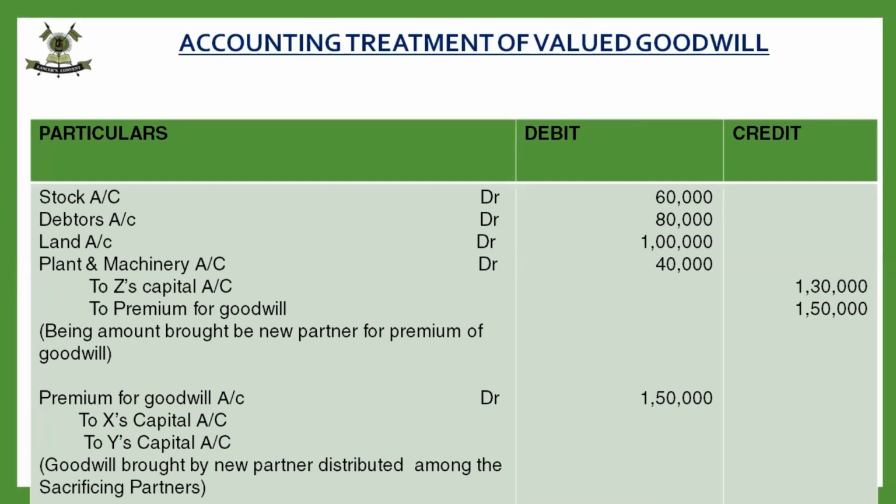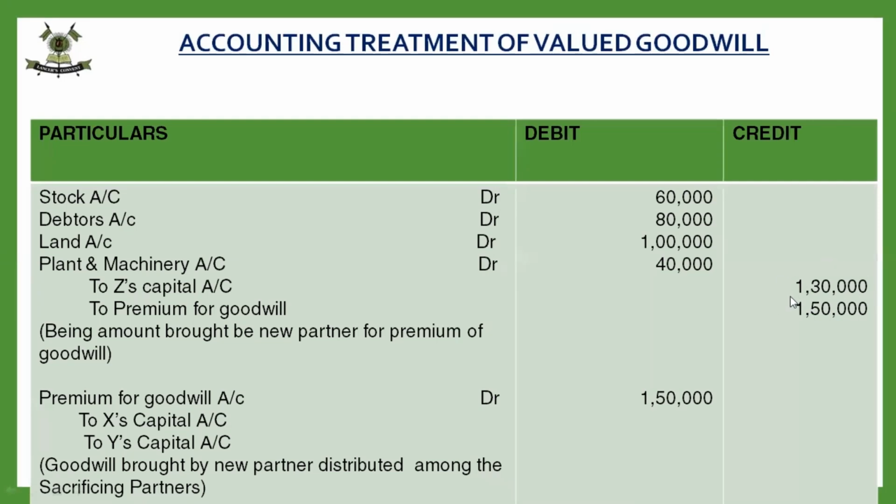He is supposed to bring only two things: one is capital and another is premium for goodwill. So out of 2,80,000, 1,50,000 is on account of premium for goodwill that we calculated. The remaining amount is 1,30,000, which is on account of his capital.